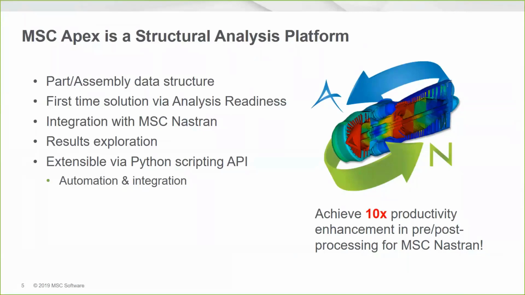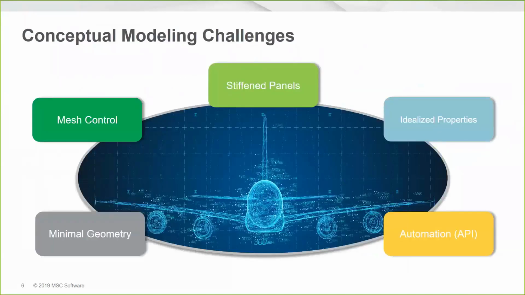For the conceptual modeling crowd, it might be to take this minimum of geometry, add my engineering acumen, so to speak, to add the level of detail to the model that I want, and to do this, of course, in an automated and automatic fashion. So we want to talk about how Apex will help in the conceptual modeling area, how that will help you achieve that.